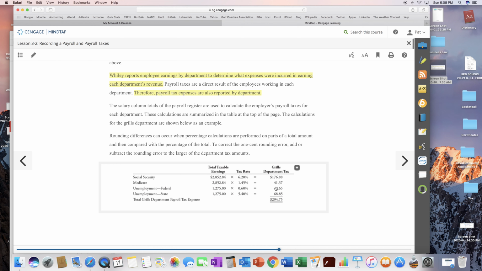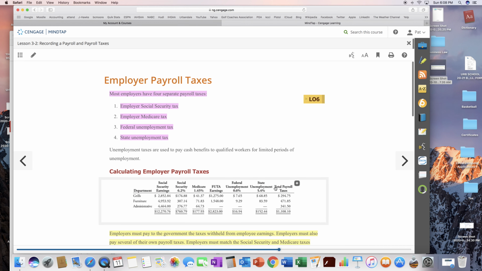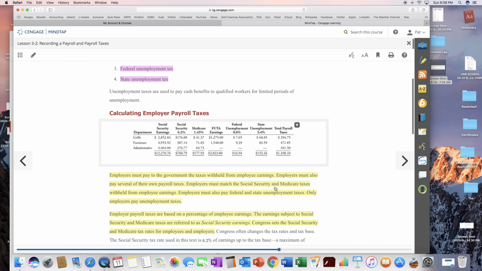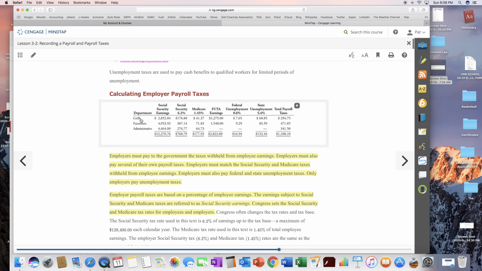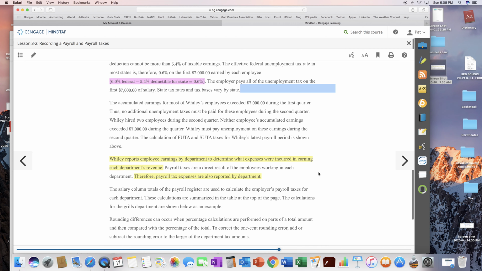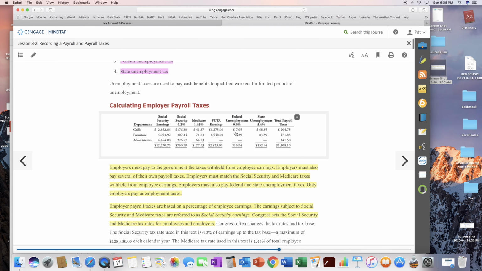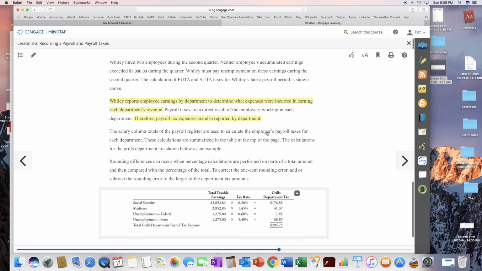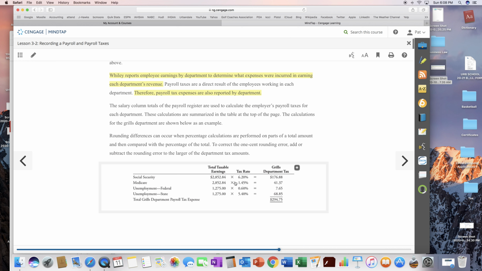This is an example of the grills department. Here's the grills department. It's just writing all these numbers down, what you've got going here as far as the grills department. All those percentages, the first 2 are based off of total earnings.